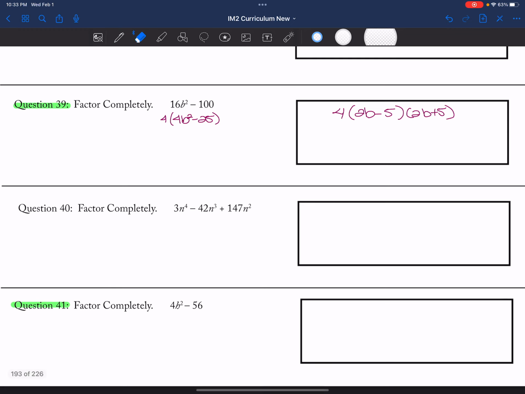I don't always trust my arithmetic right now. Okay, so I'm going to factor out a 4. And then 56 divided by 4, 1, 4, 1, 6, 4, 14. So H squared minus 14. So I just can factor out a greatest common factor.